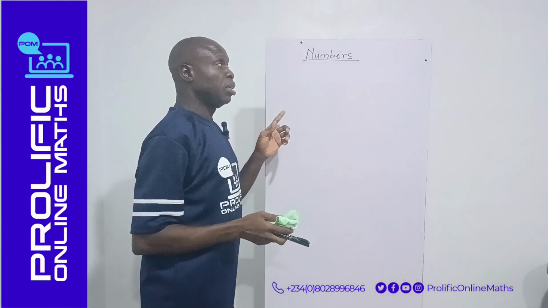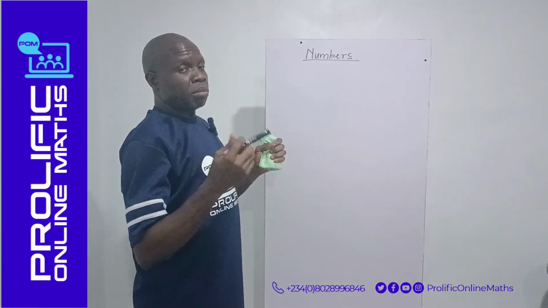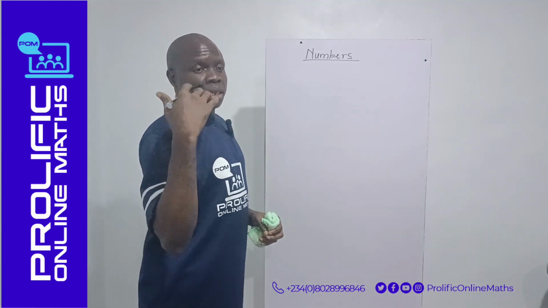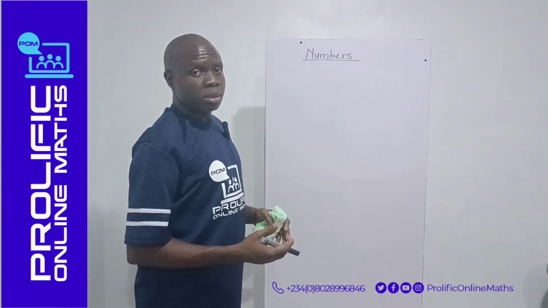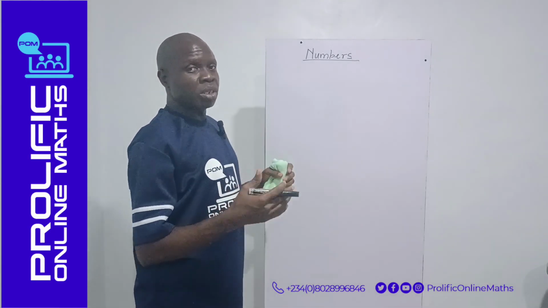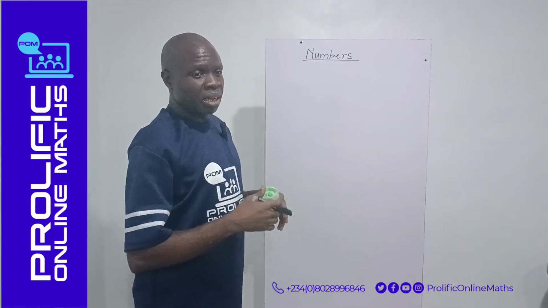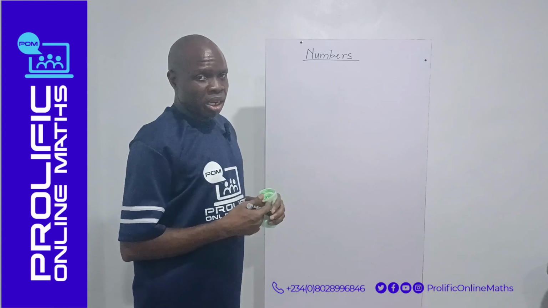Numbers. Like I said earlier, mathematics is a subject that deals with numbers. And many a time, people don't even know all these numbers and how they are being used in mathematics.